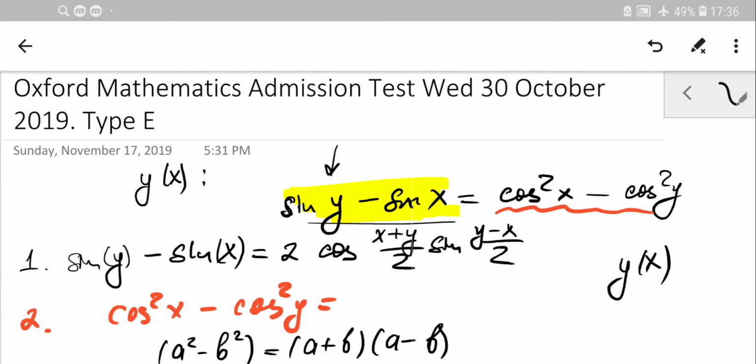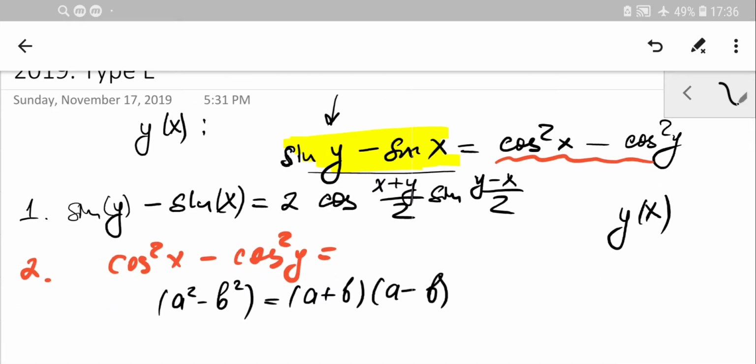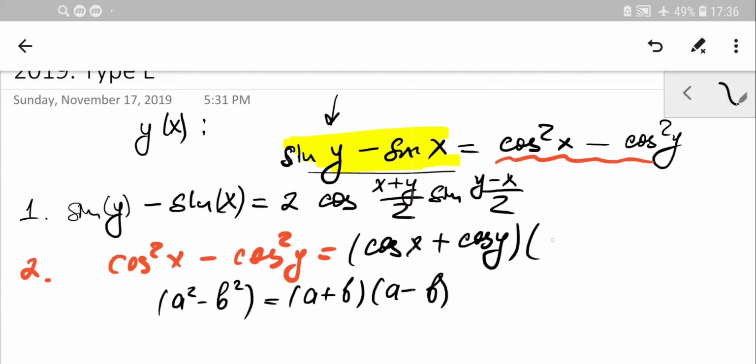Okay, so first of all, our idea is to get y from x. Let's do it. So cos squared x minus cos squared y we write as the sum and product of the sum and the difference, cos x minus cos y.